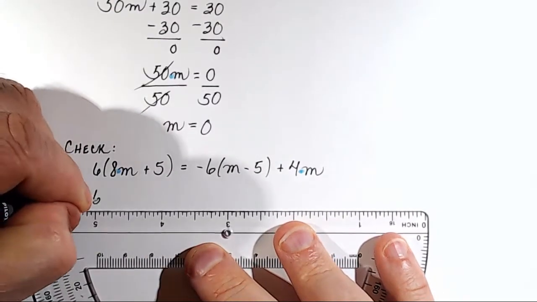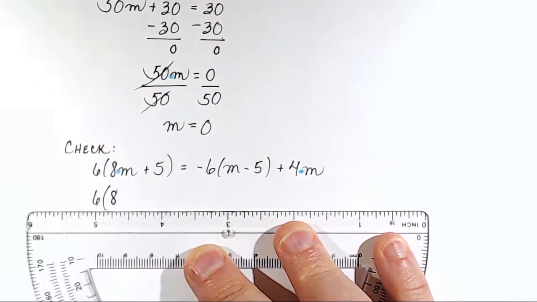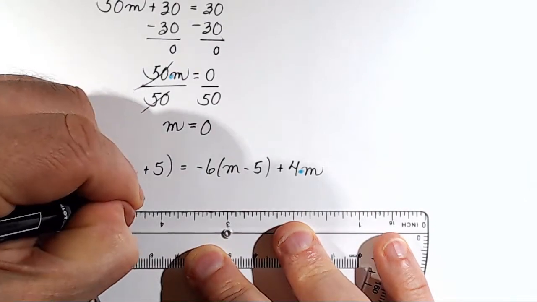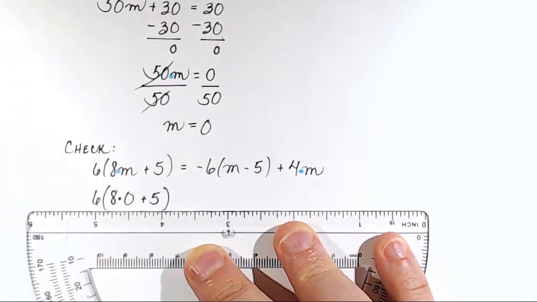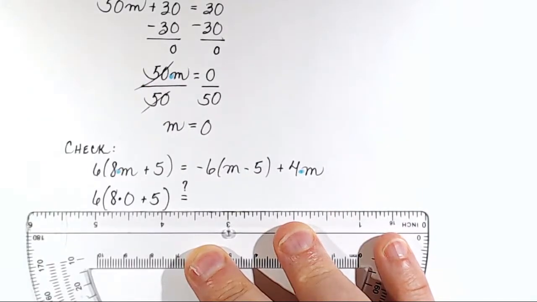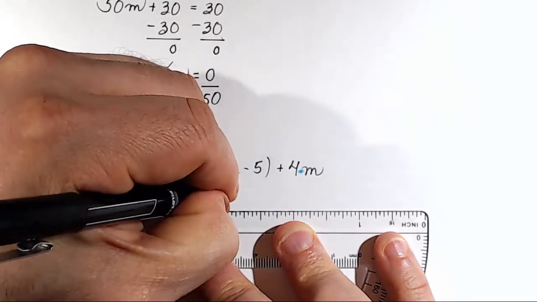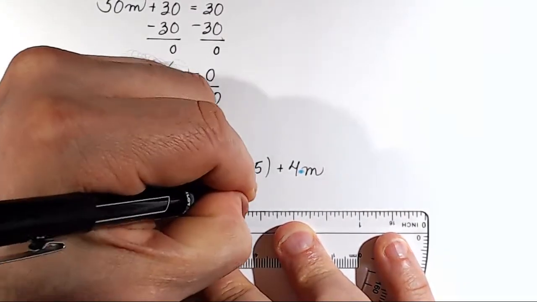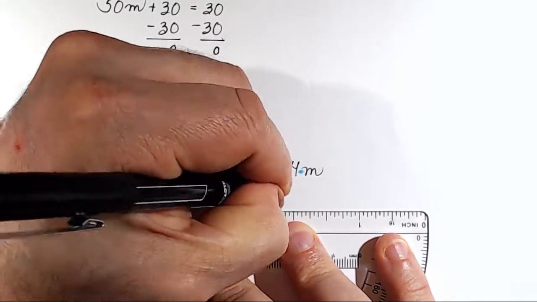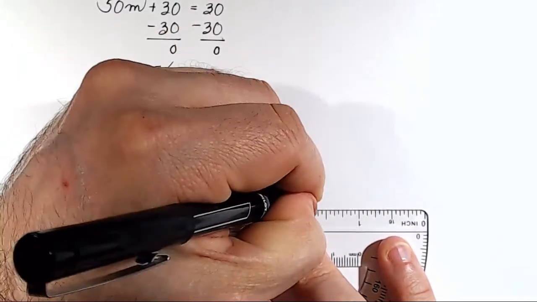So now I've got 6, open parentheses, 8 times 0 plus 5, close parentheses, equals, question mark, -6, open parentheses, 0 minus 5, close parentheses, plus 4 times 0, okay?